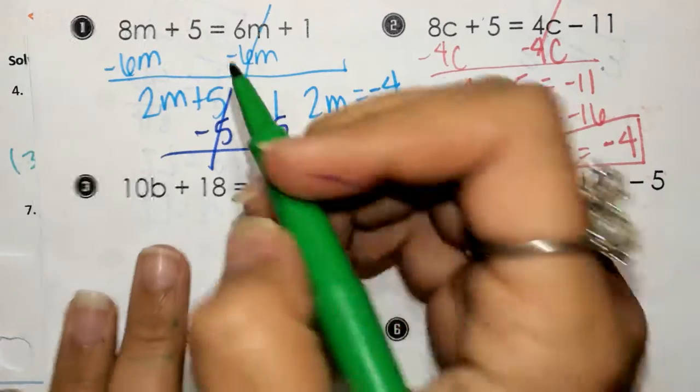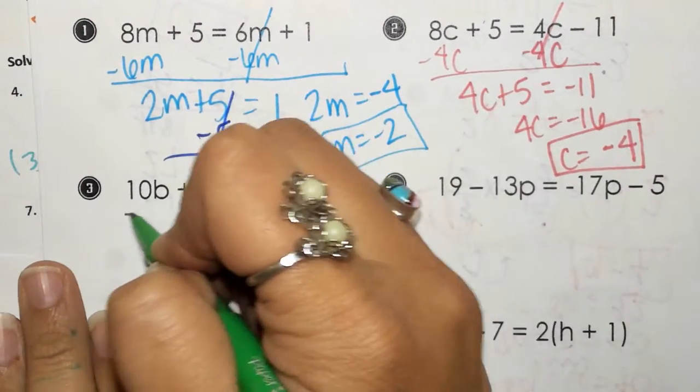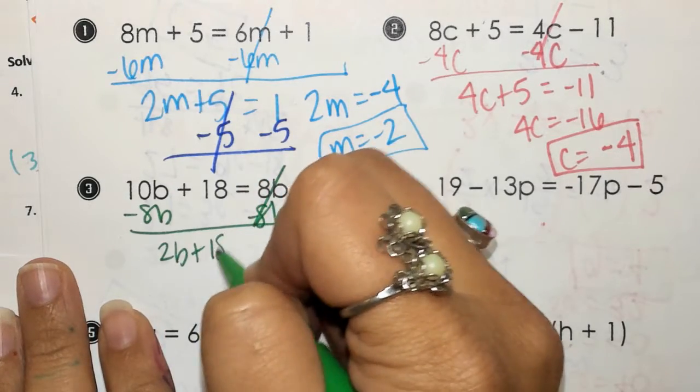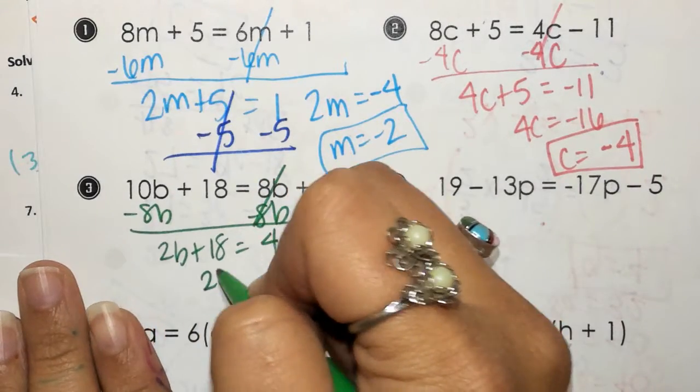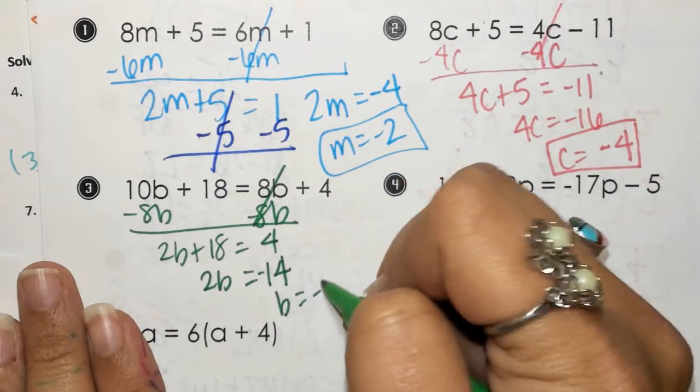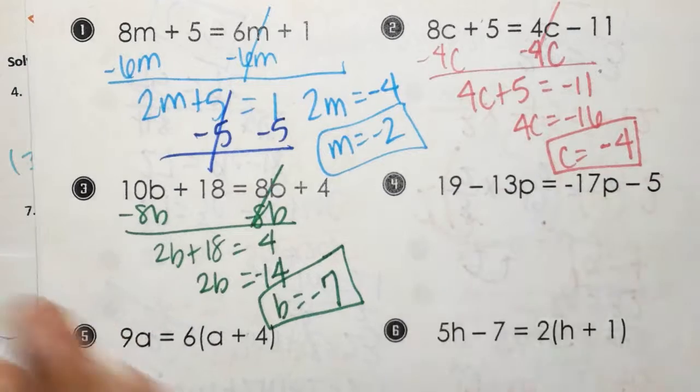So I'll first subtract the 8. And then you do 2b plus 18 equals 4. Then you subtract the 18 and you get -14 equals 2b. Then you divide and you get b equals -7.